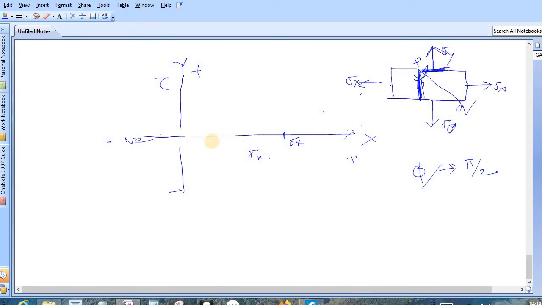Let's say this is sigma y, and we have assumed sigma y is less than sigma x. Maybe sigma x is less than sigma y, but for now we are assuming this one.